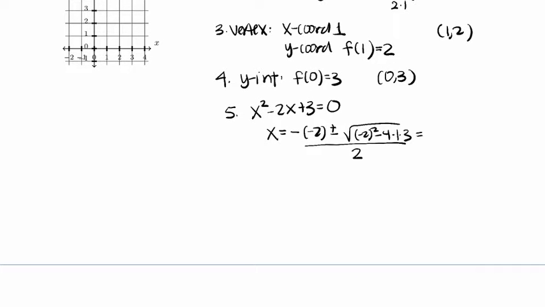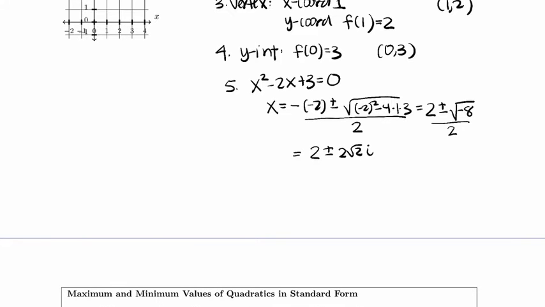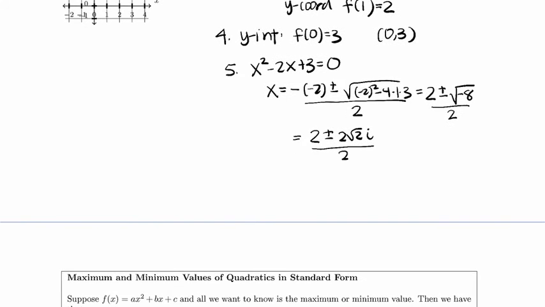So this is going to be 2 plus or minus the square root, and then underneath the square root I have 4 minus 12, which is -8, over 2. So at this point I see that my solutions here are 1 plus or minus root 2 i. If you put root 8 in your calculator, you're going to get 2 root 2. And so, keep going.